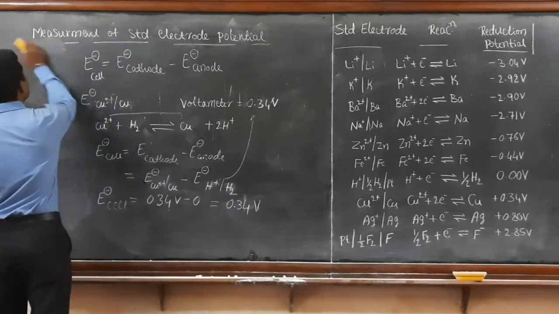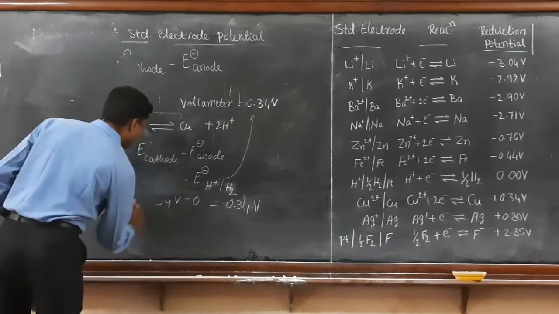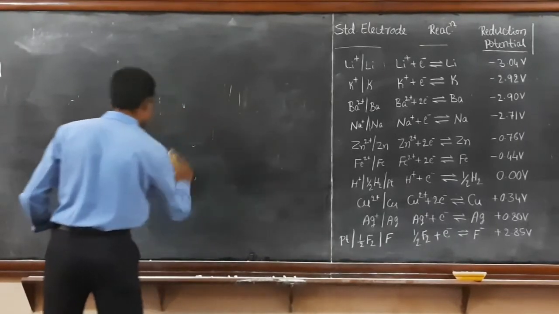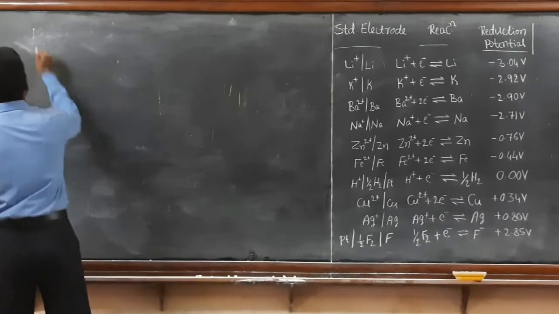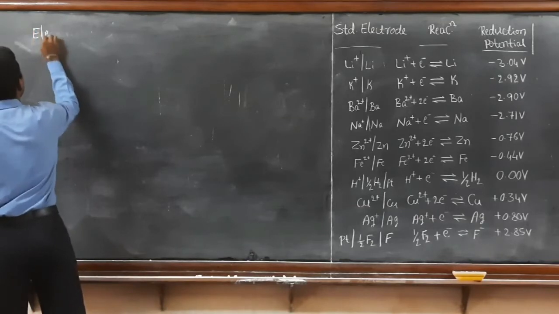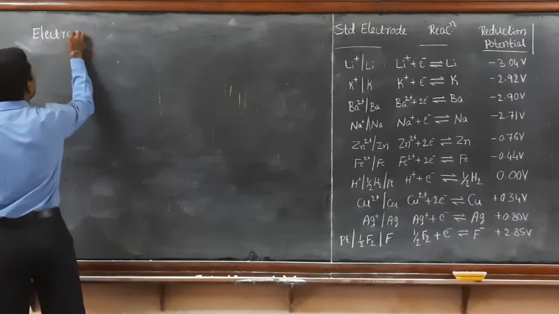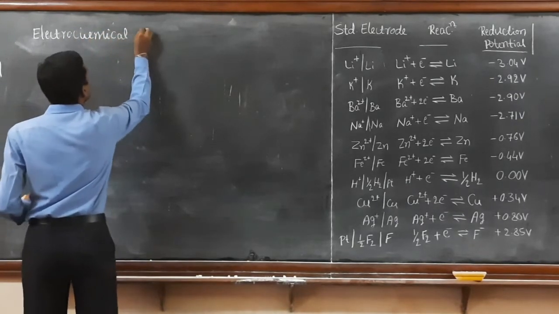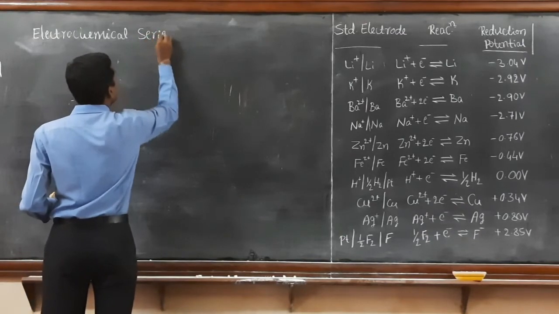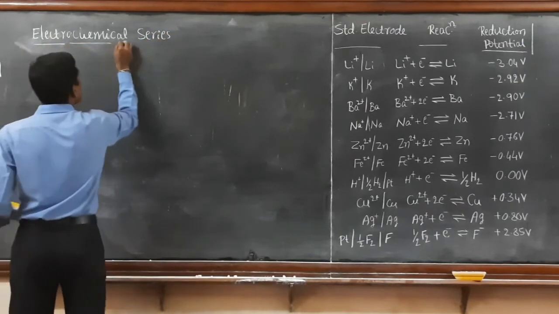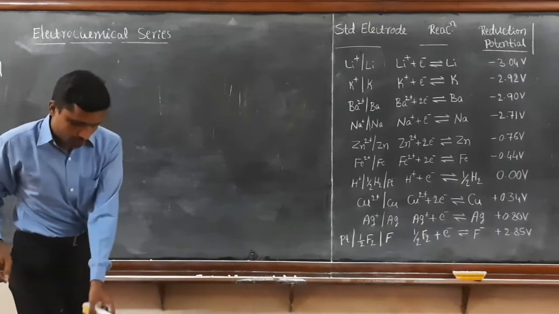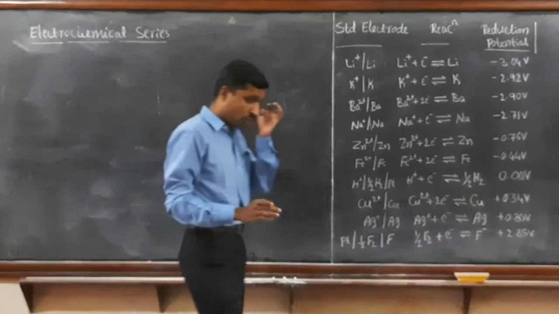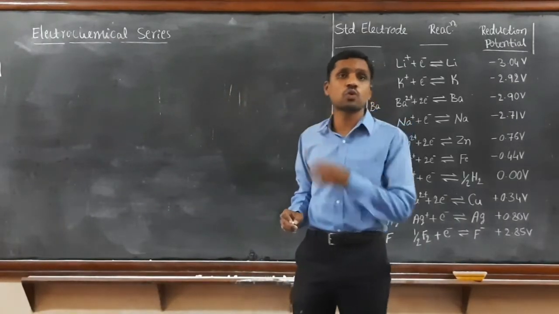So next I will go for the electrochemical series now. So we already know that a metal and its ions will have a different electrode potential.